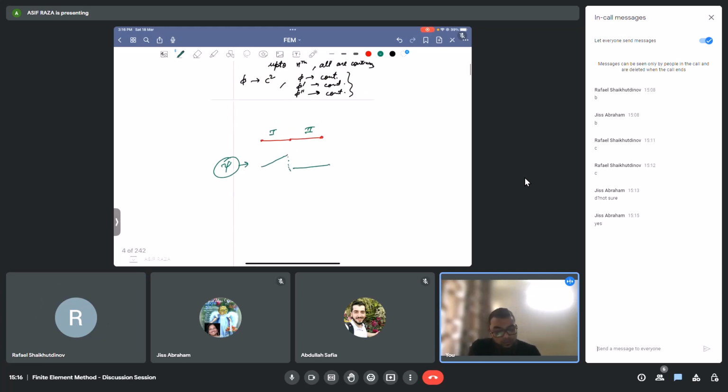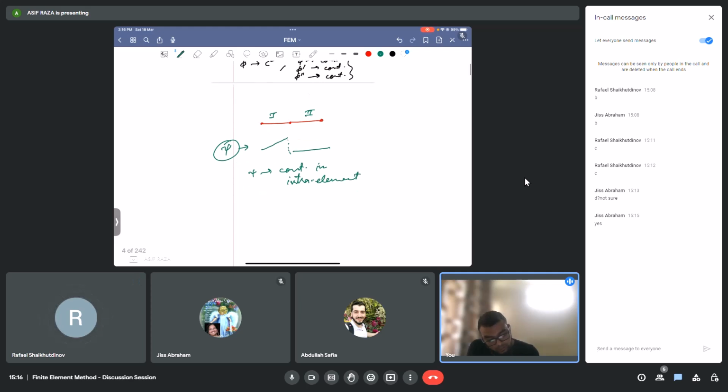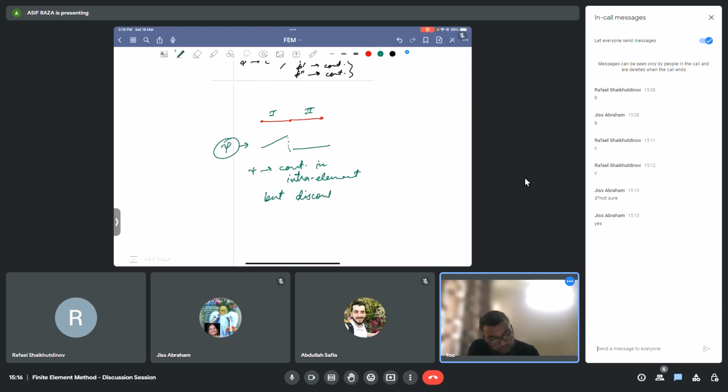So we say that this function is continuous intra-element, but discontinuous inter-element. Is this what you wanted to say, Rafael?